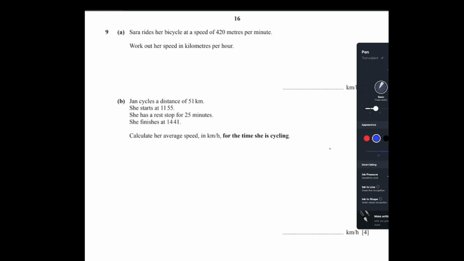9a. Sarah rides her bicycle at a speed of 420 meters per minute. Work out her speed in kilometers per hour. So speed is given, that is 420 meters per minute. So now convert 420 meters into kilometers.